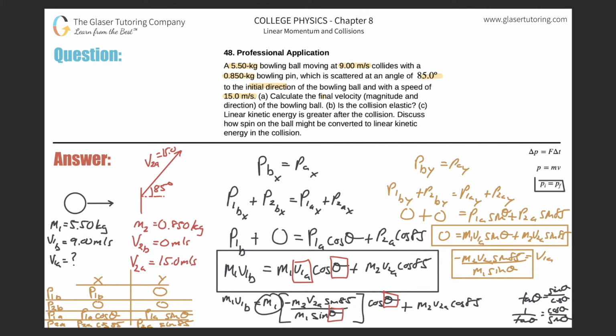I'm already noticing here's an M1, here's an M1, so they can cancel. Right, I'm going to basically be looking to simplify this now.